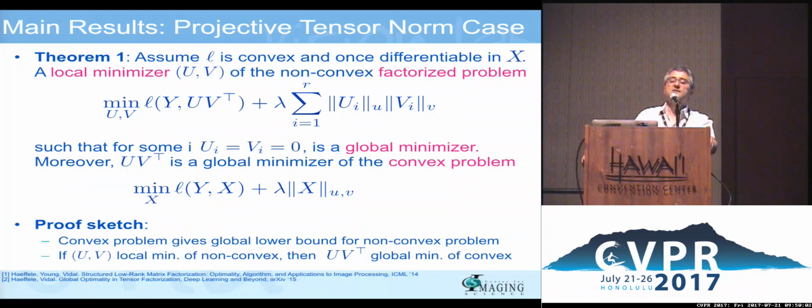The reason why this is true is this intimate connection between the non-convex problem that I want to solve and a convex problem that is right next to it. And that convex problem is a global lower bound. The first term is equal because it's just substitution. The second term is the lower bound because the fancy norm on X is the minimum of that sum of products thing.